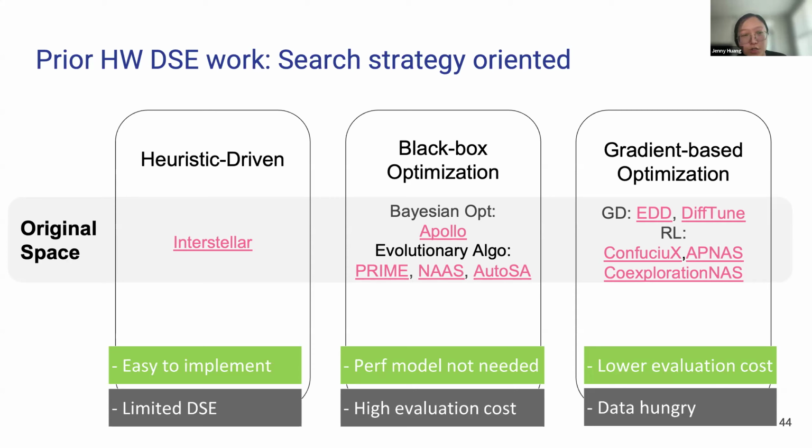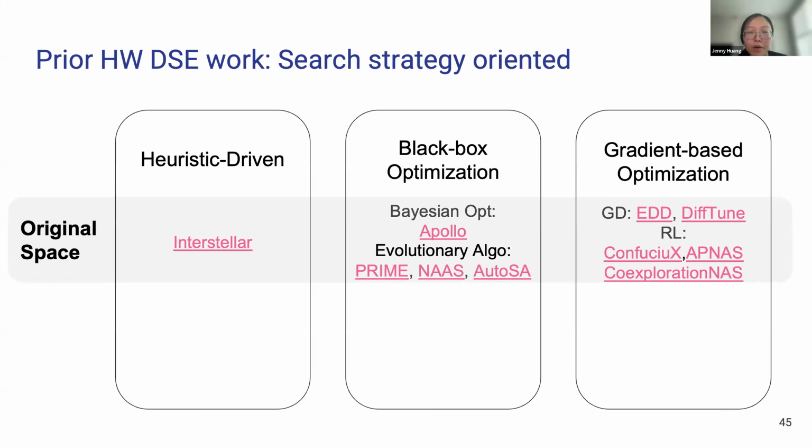These techniques try to efficiently navigate the original search space. But as we learned before, certain natures of this original space make it challenging for search algorithms that require low dimensionality, such as Bayesian optimization, and smoothness of the design space, such as gradient descent.